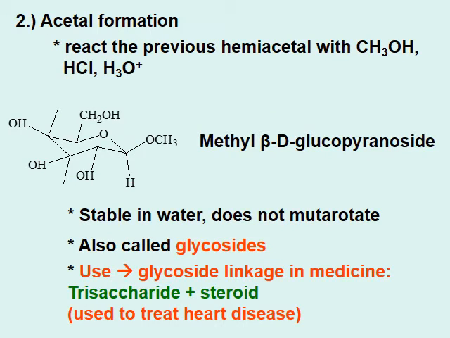Now acetal formation, remember we mentioned that as soon as there's a ring formation in water solution, there'd be a hemiacetal form because you'd have OH in this location. But you can make an acetal. Acetal has two ether linkages. So how do I do that? React the hemiacetal with methyl alcohol in the presence of HCl, an acid.